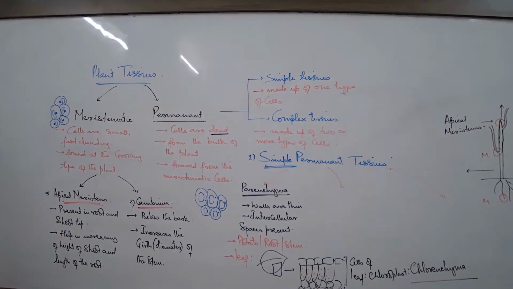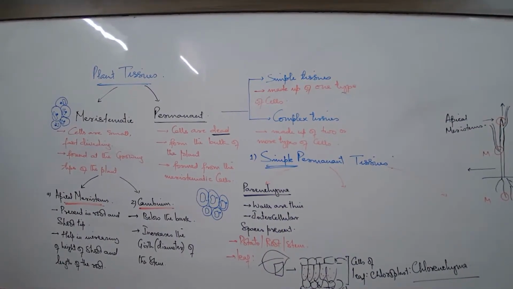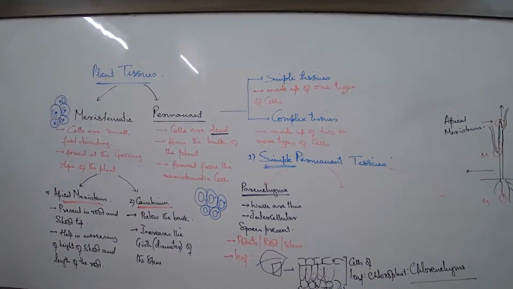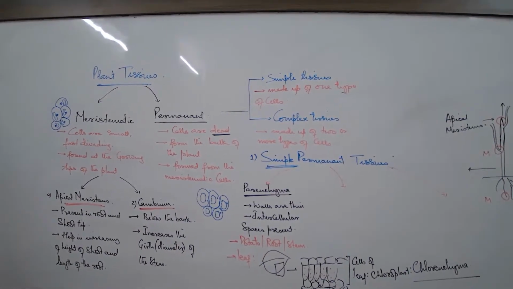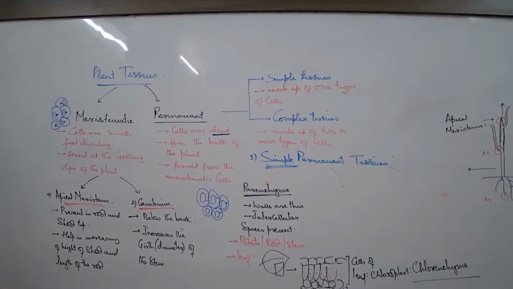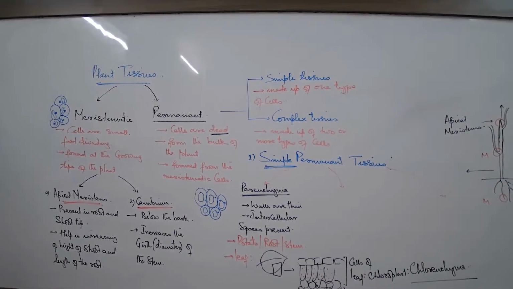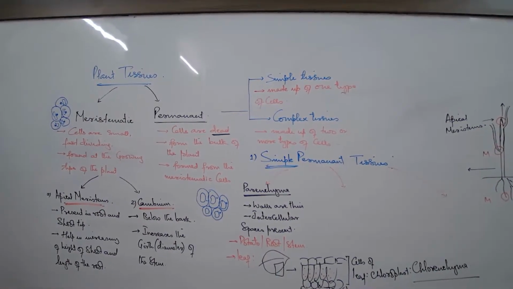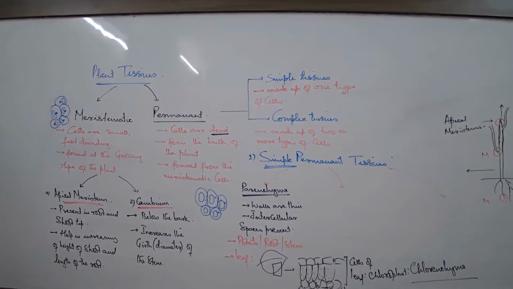So now I am talking about the parenchyma. What is parenchyma? You understood just now? Is it a type of simple permanent or complex permanent tissue? Simple permanent. Why is it simple permanent? Because it is made up of only one type of cells.